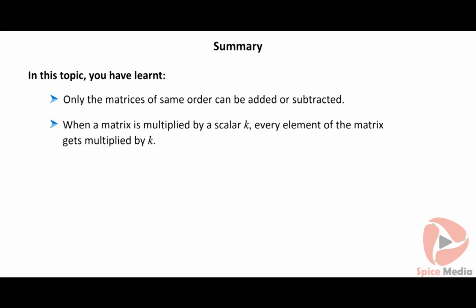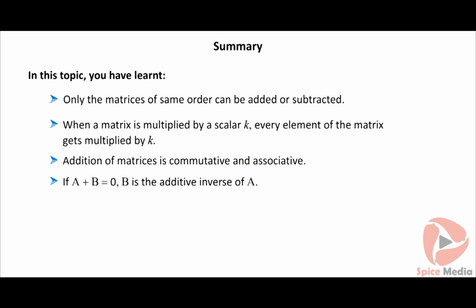In this topic you have learnt that only matrices of the same order can be added or subtracted. When a matrix is multiplied by a scalar k, every element of the matrix gets multiplied by k. Addition of matrices is commutative and associative.